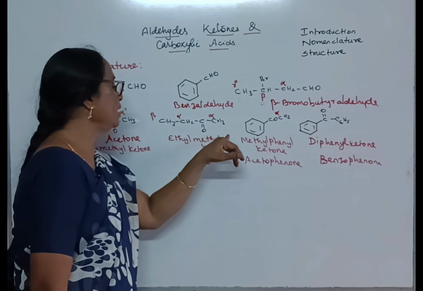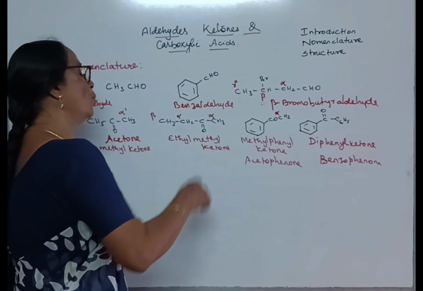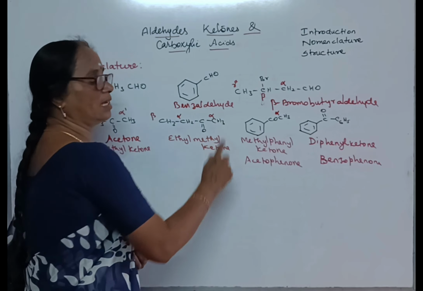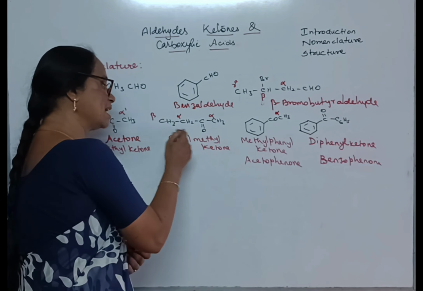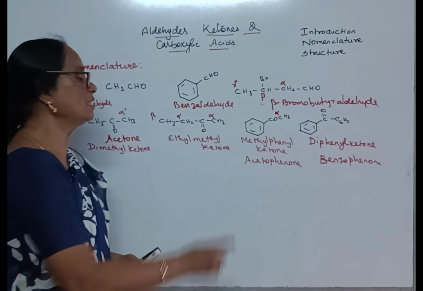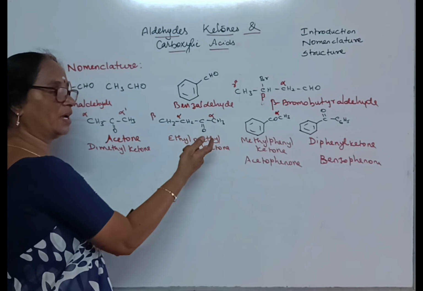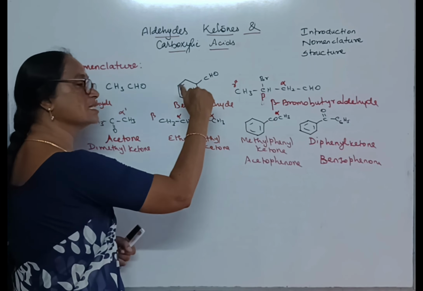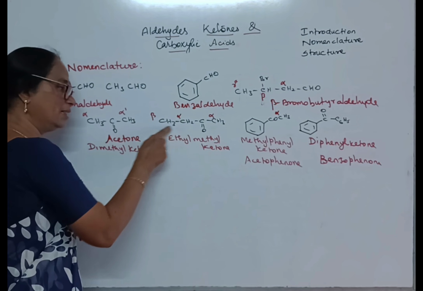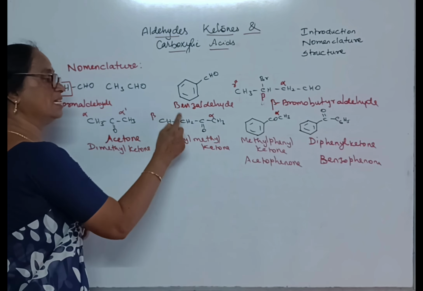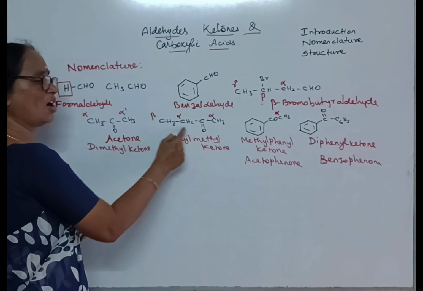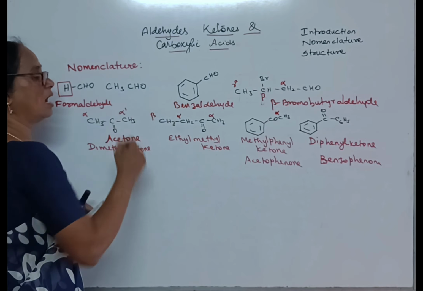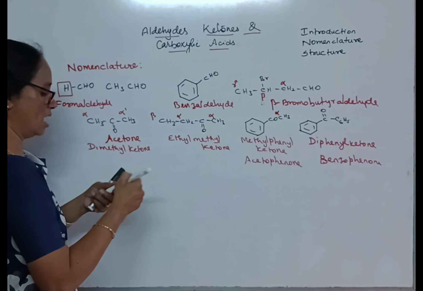But when you go to ethyl methyl ketone, on one side of the carbonyl it has a methyl group and on the other side it has an ethyl group. So the nature of the alkyl group differs. This methyl has the alpha position, and in ethyl both of the carbons are designated as alpha, beta. If you have propyl, it will be alpha, beta. Then when will you find alpha, alpha dash?